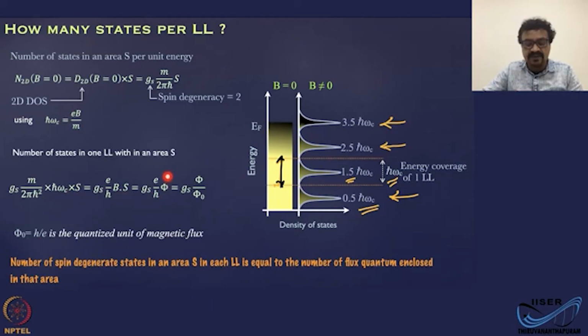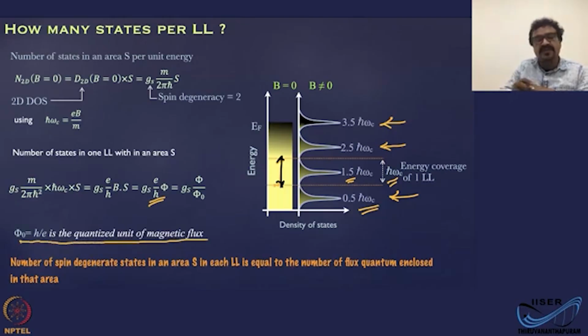So eventually what you are going to get is Gs times e by h times phi. So this e by h is an interesting quantity. It is the inverse of the magnetic flux quantum, that is h by e.